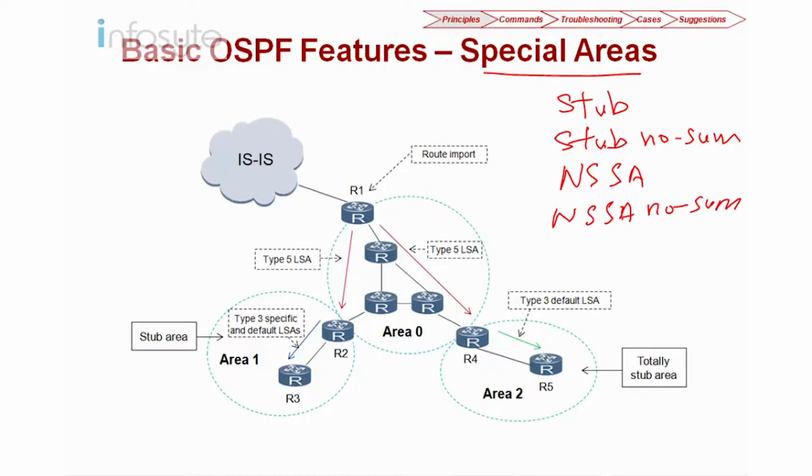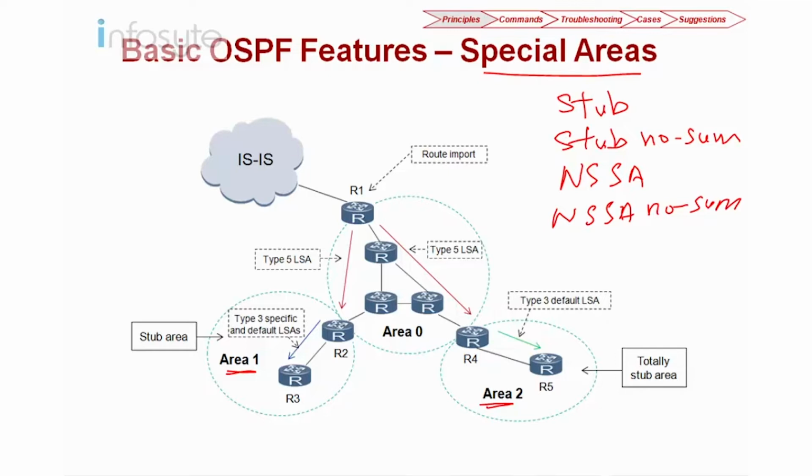In what type of situation will they have the special areas? Let's look at this example with area 1 and area 2. Maybe these areas cannot handle too much LSA information, so I want to make area 1 or area 2 become a stub or totally stub area.